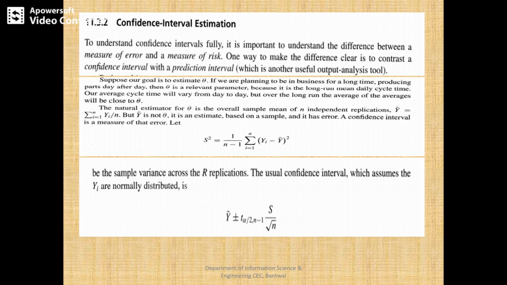Next, in that module and the next videos, we will discuss output analysis for terminating simulation, along with verification, validation, and optimization via simulation.